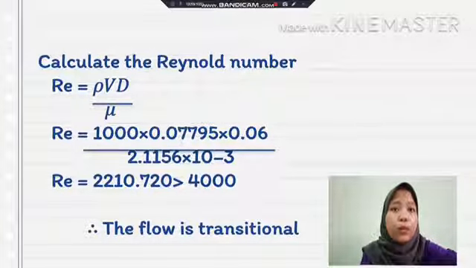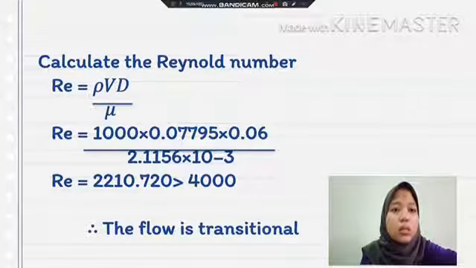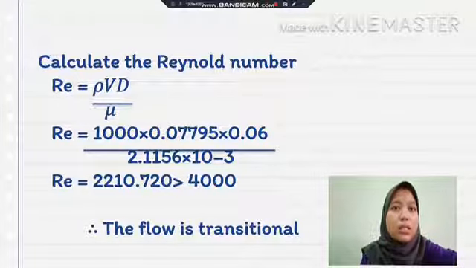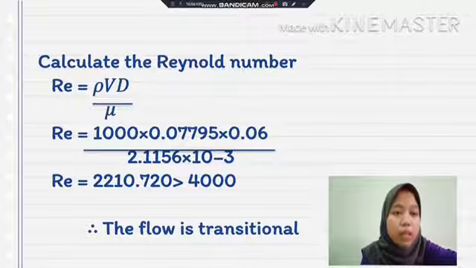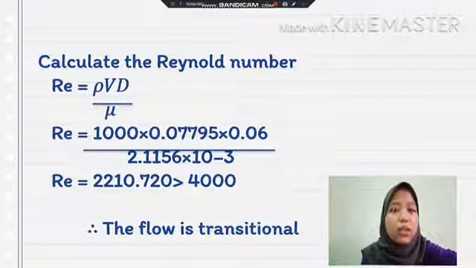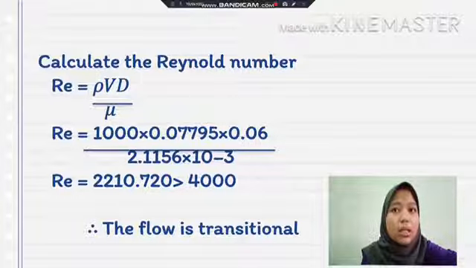If we put the values in the equation, we will get 1000 times 0.07795 times 0.06 divided by 2.1156 times 10 power of negative 3. The final answer that we will get is 2210.720. So the flow in this pipe is transitional because the value of the Reynolds number is more than 2000 but less than 4000.